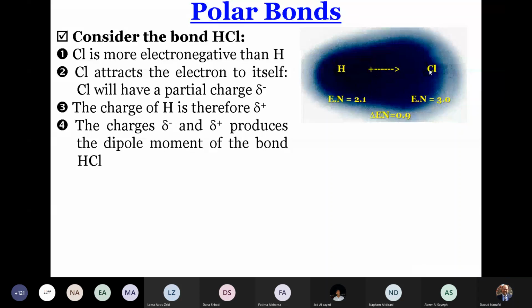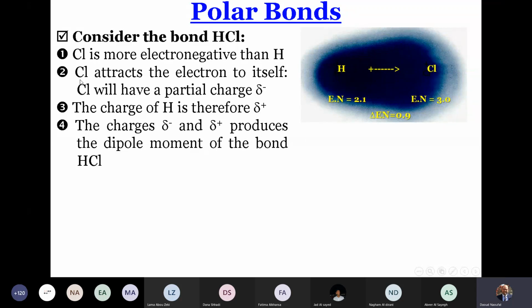So H will share its electron with Cl, and the shared electrons are in the space between H and Cl. Since Cl is more electronegative, the Cl will attract the electrons to itself more than hydrogen. So the bonding electrons are close to Cl and not close to hydrogen.